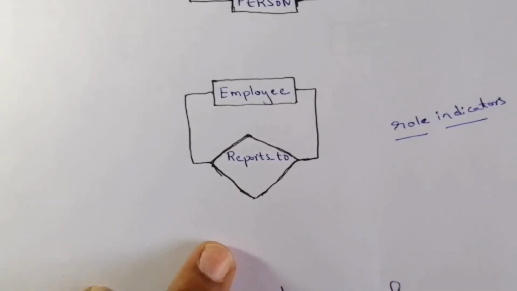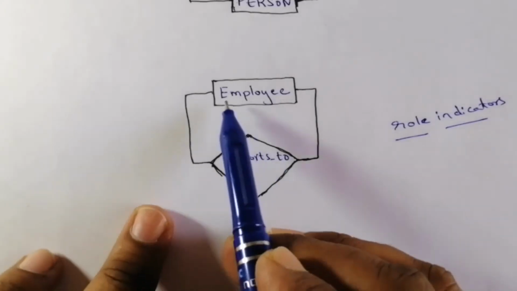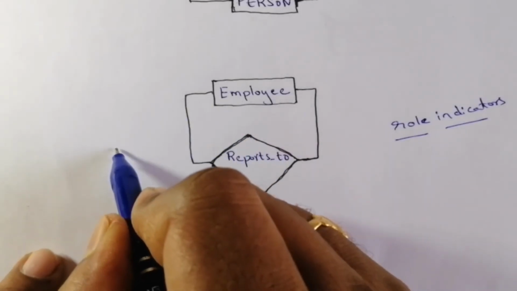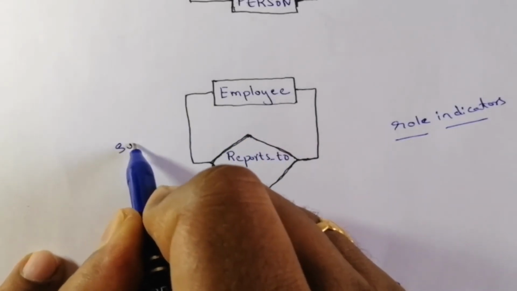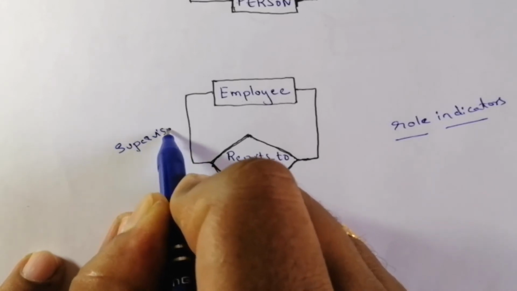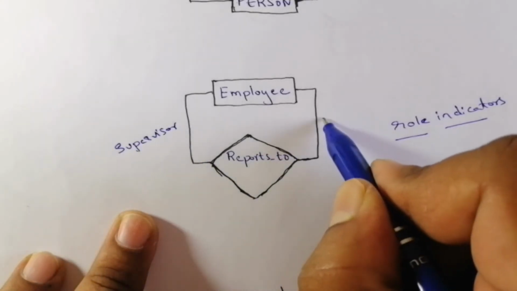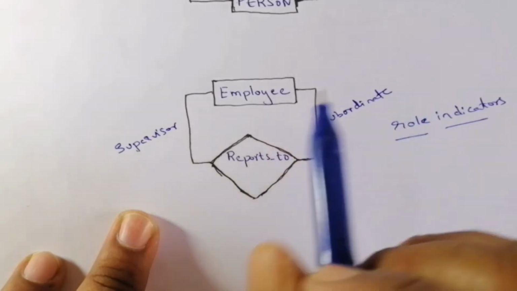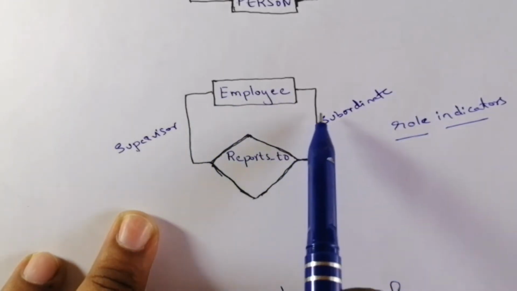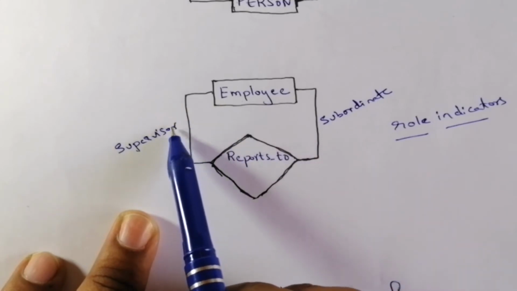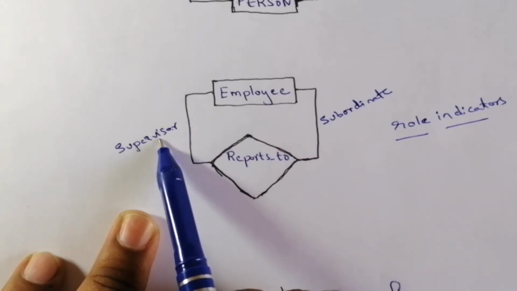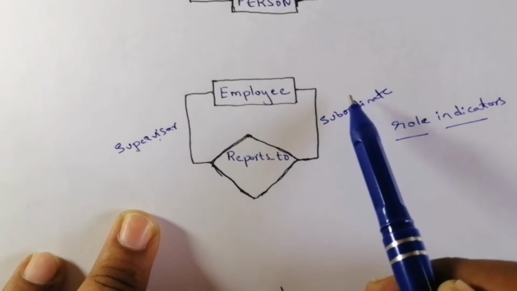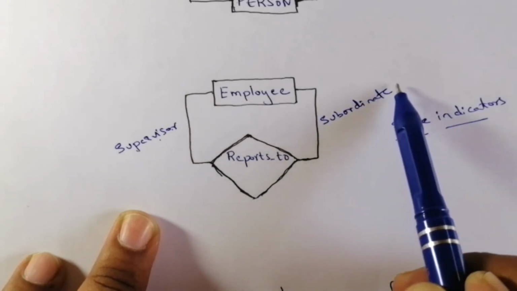See here, one employee behaves as a supervisor and the other employee behaves as a subordinate. Since an employee reports to an employee, there are different roles here. One employee acts as a supervisor, the other acts as a subordinate.